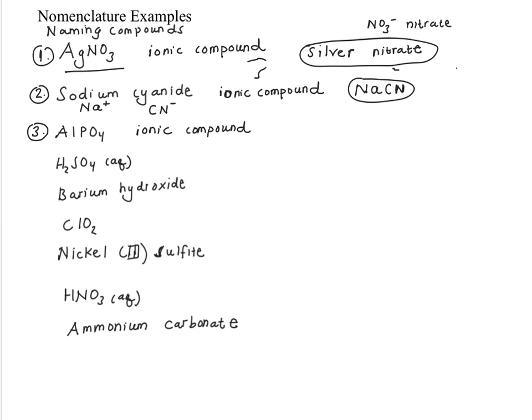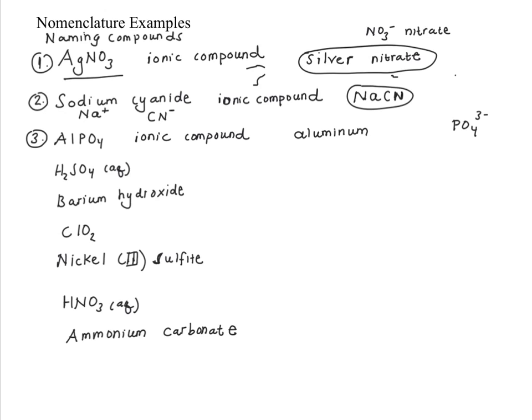And in ionic compounds, we name the metal first, which is aluminum. And this polyatomic ion, PO4 3-, is phosphate. So we are left with this being called aluminum phosphate.